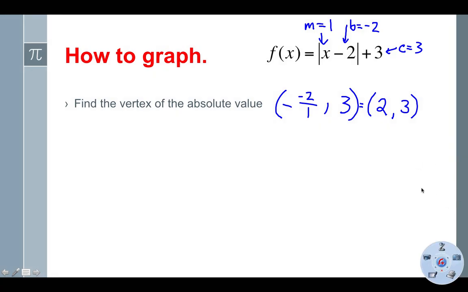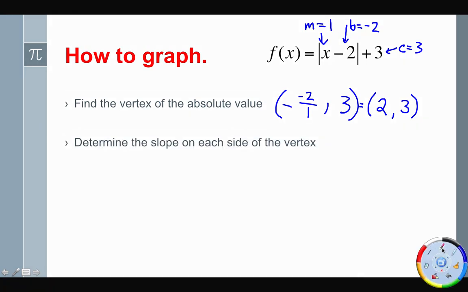After you find the vertex, you're going to obviously graph the vertex. What we want to do is determine the slope, which we did already. And now this is a positive absolute value, which means it's going to go like this. So we know it's going to be a right side up V. And on the right-hand side, it's going to be positive slope.